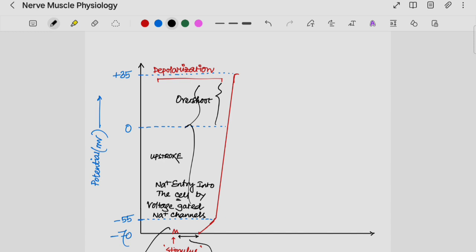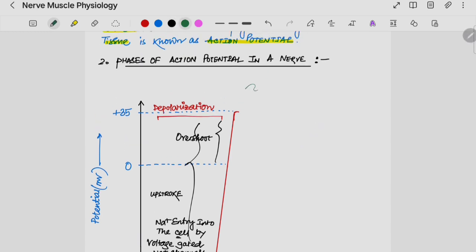Now after overshooting, the membrane potential falls due to several reasons. Number one, there is inactivation of sodium channels, which is time and voltage dependent.